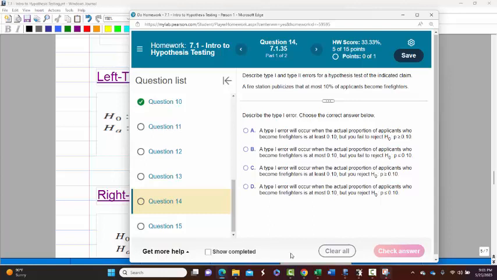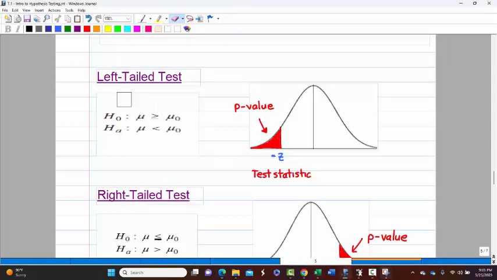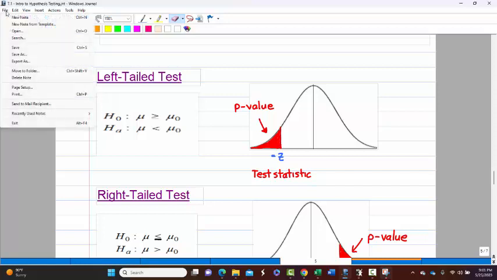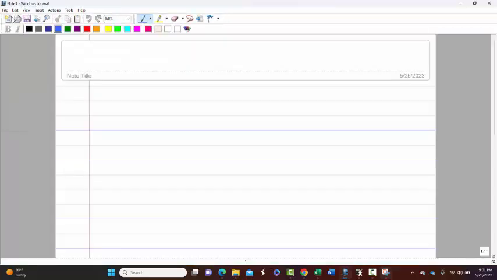So, bring up, all right. That's going to be 0.10. That's our H0.